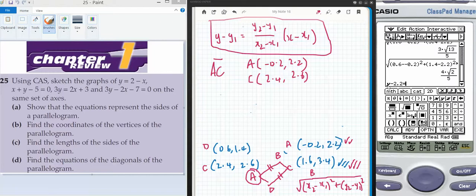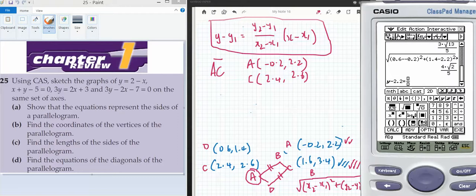So, starting over here, I'm going to have y minus 2.2 equals a fraction on top, y2, which will be 2.6, minus y1, which is 2.2, over x2, which is 2.4, minus x1, which is minus 0.2, bracket, and inside the bracket, x minus x1, which is negative 0.2.